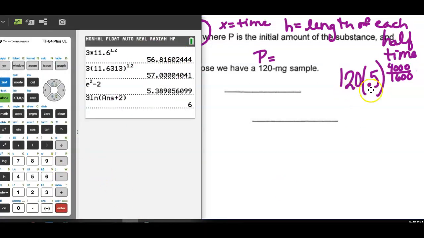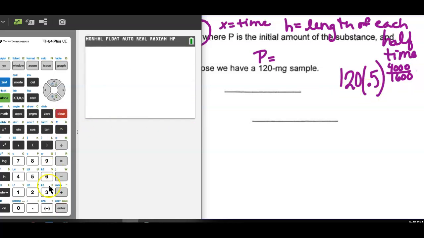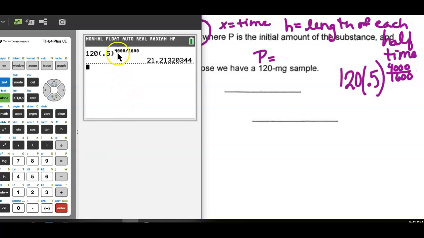You can't take 120 times 1/2 and make it 60. Guys, the exponent comes first. So you can type it that way because the calculator knows the exponent comes first. To the, and then it's 4,000 divided by 1600. If you had an older calculator, you would need to put parentheses around that exponent.